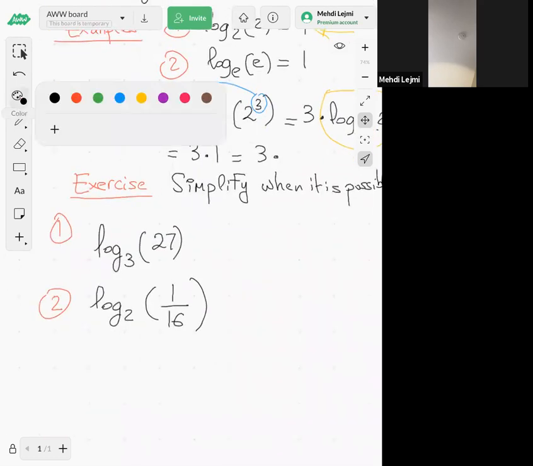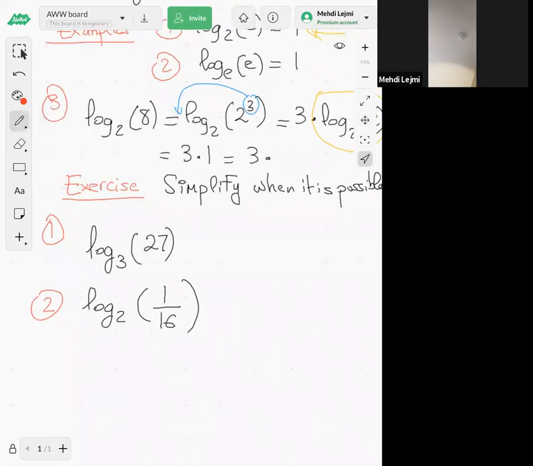And then number 3, last one. So log in base, let's say, 3 of 1 over 81. All right. So let's say you have 5 minutes, guys, to think about this exercise.